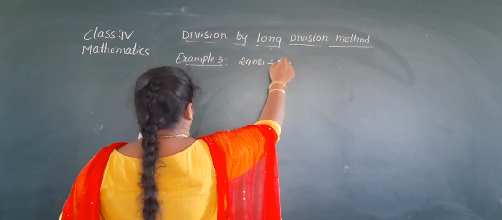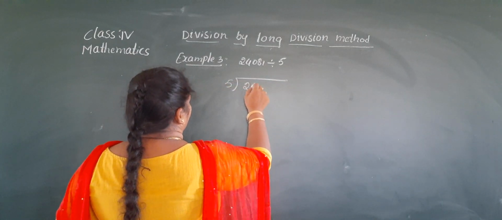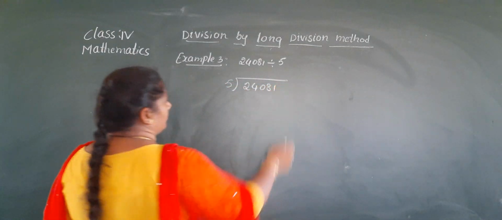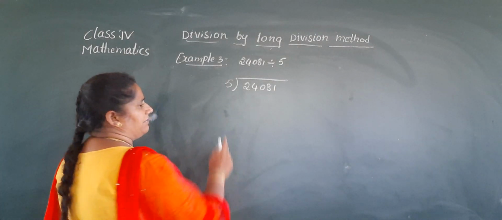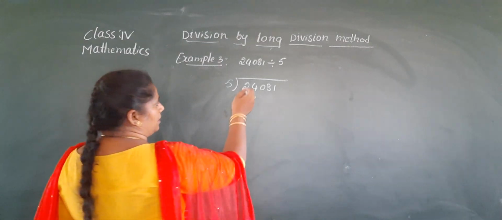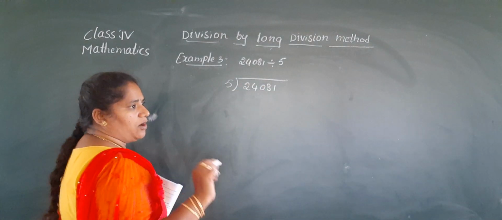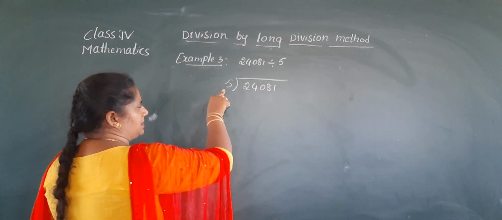24,081 is divided by 5. Okay? See here, children, the divisor has 1 digit. So first you divide 1 digit, but here 2 is there. 2 is smaller than the divisor.